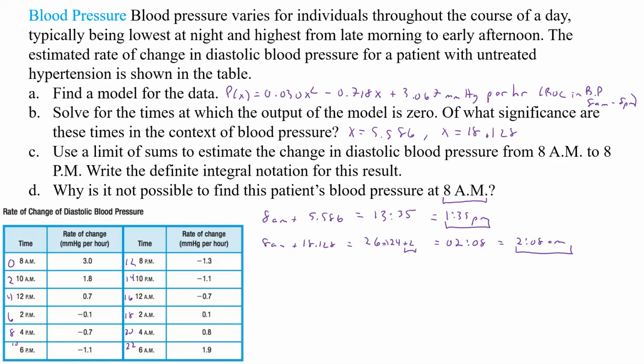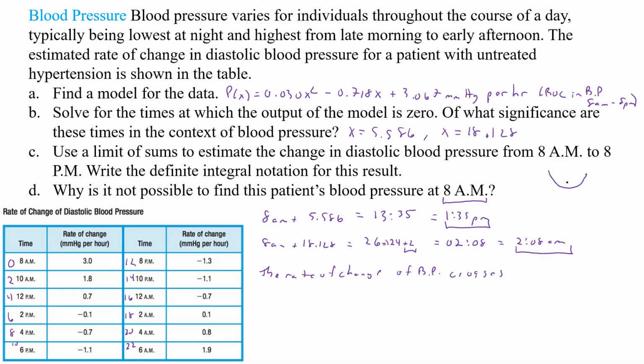All right, so of what significance are these times? What is the importance of these times? Well, the first one is going to be the rate of change. We're going to have 2 pages here, I think, with all this stuff. The rate of change of blood pressure crosses, remember, it crosses on a downward slope.